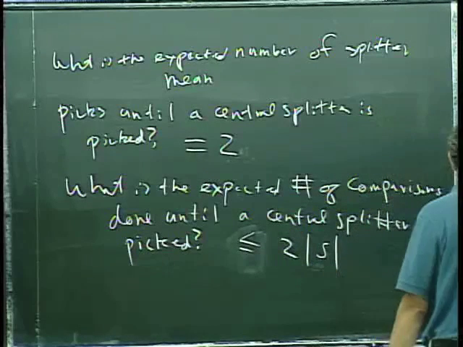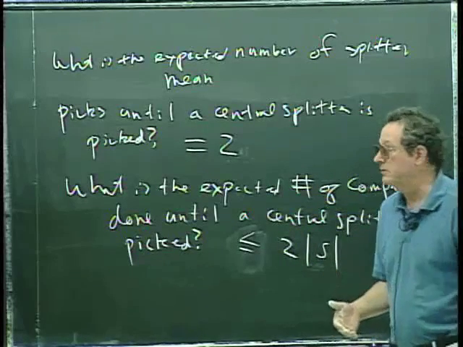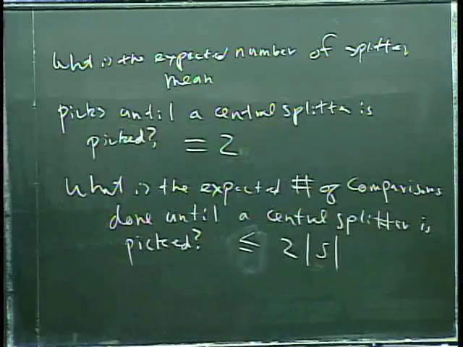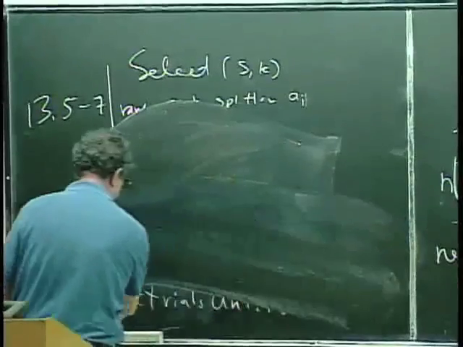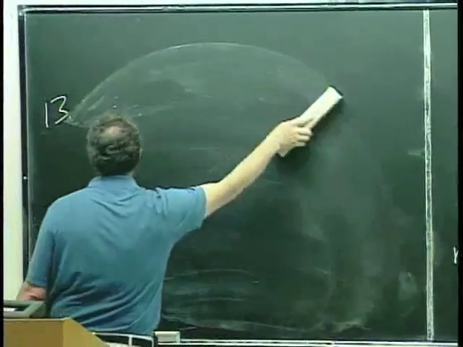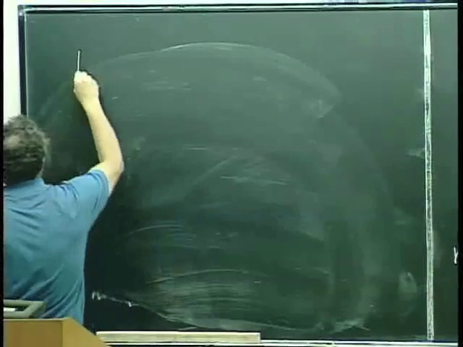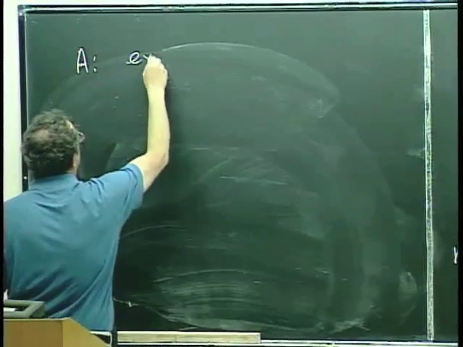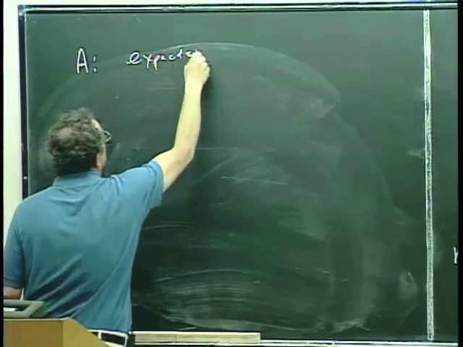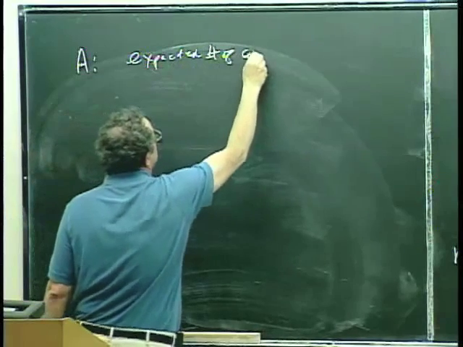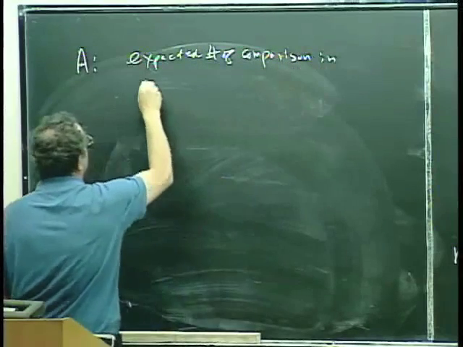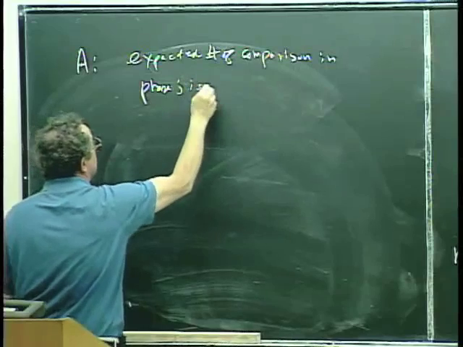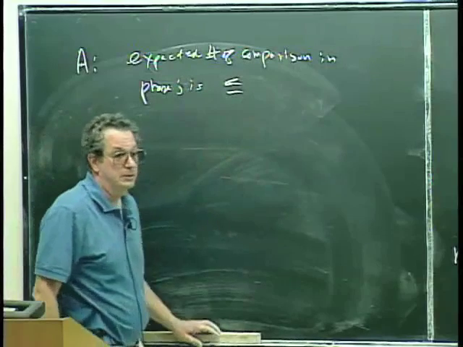Okay? So if you put all those things together, the expected number of comparisons where you're comparing an element to the splitter, so this is the answer to the question I just posed, the expected number of comparisons in phase j is less than or equal to, again, the logic is this.